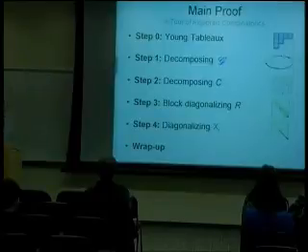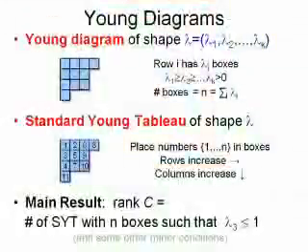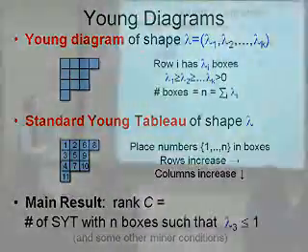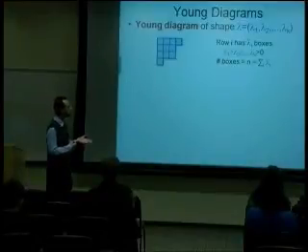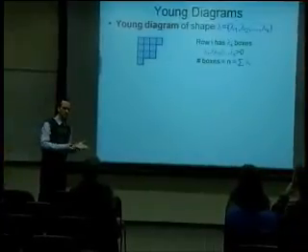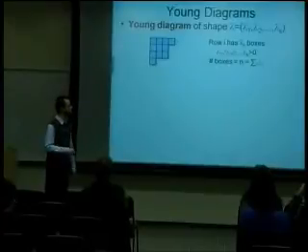Okay, so to start off, let me tell you about Young tableau, or Young diagrams, which is a synonym. Given a partition lambda, a partition is just a finite sequence of integers, the sequence is non-increasing, and the integers are all positive.